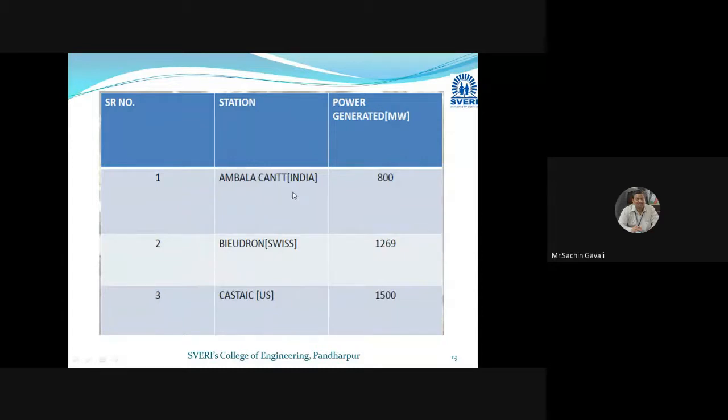Then in Switzerland, the Bieudron station is generating exactly 1269 megawatt. And in the United States, there is a big Pelton turbine generating 1500 megawatt.